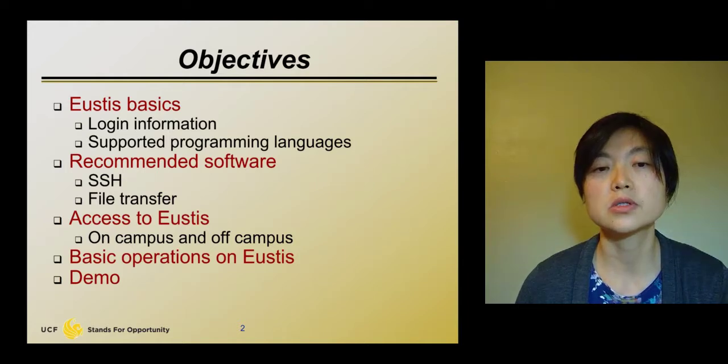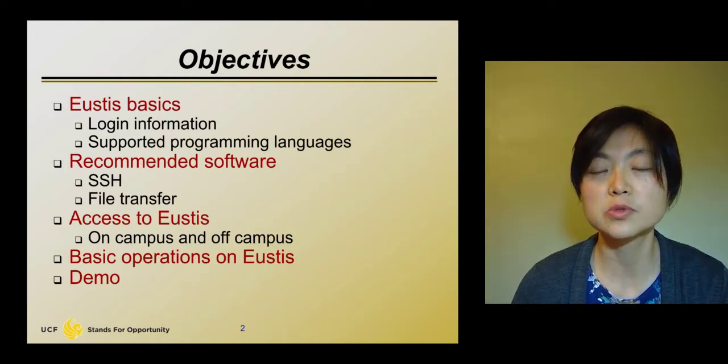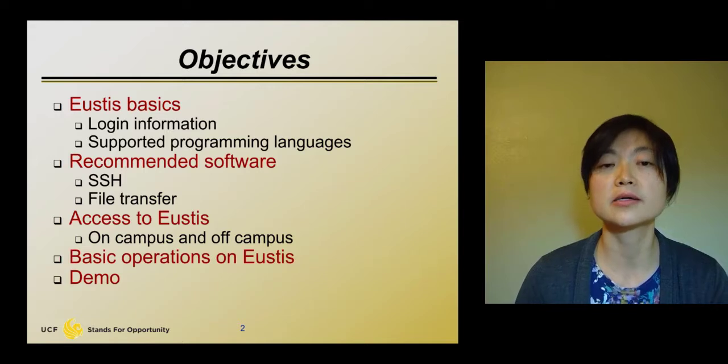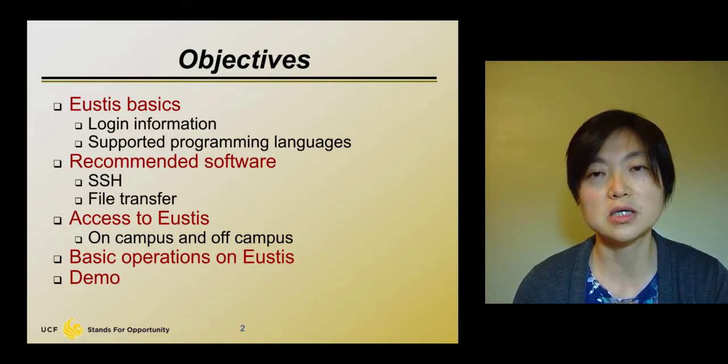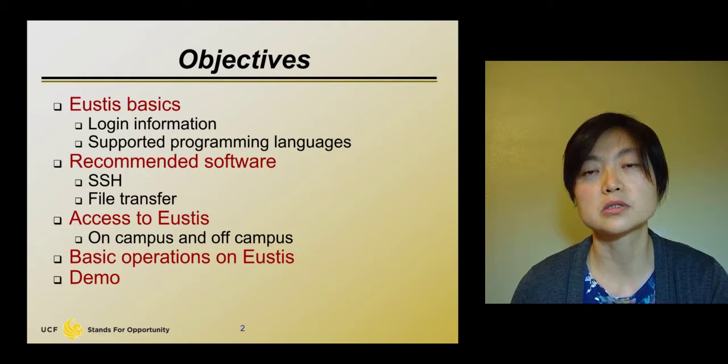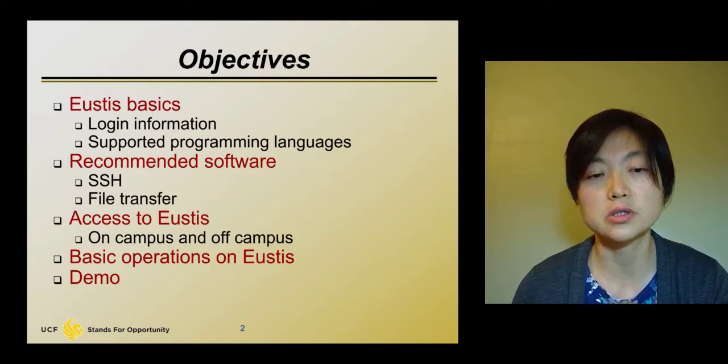But if you're not very comfortable with command line operation, you may want to write your code offline, like on your own computer. So file transfer will be necessary for you to upload your file to Eustis. So we also will recommend software to do SSH and file transfer.